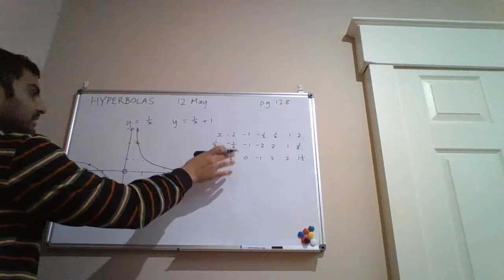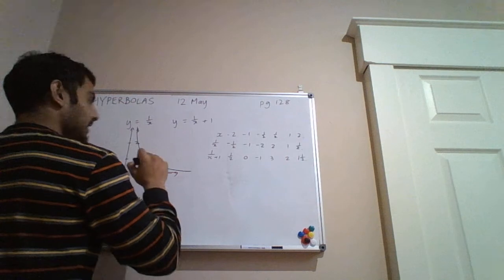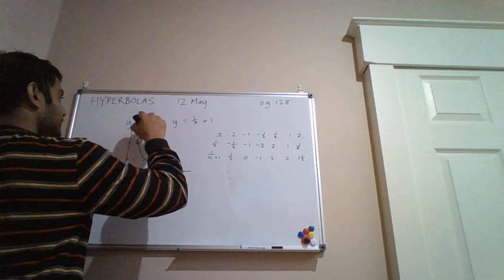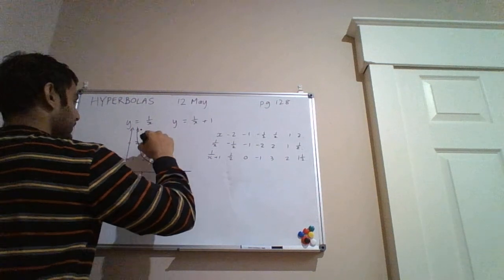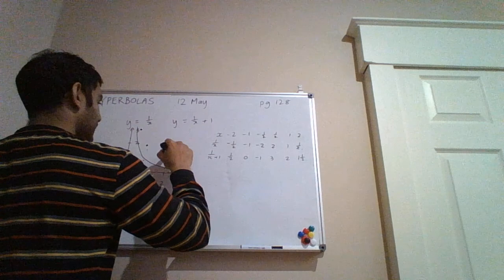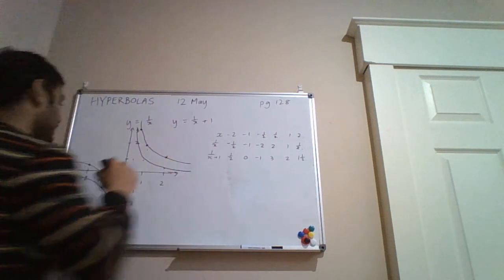And our upper branch, it's half, 3, 1, 2, and 2, 1 and a half. So our upper branch looks like this.